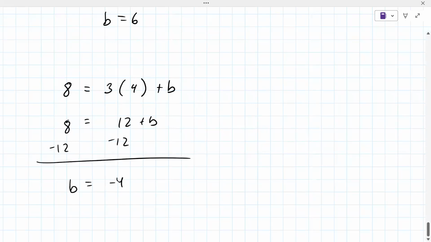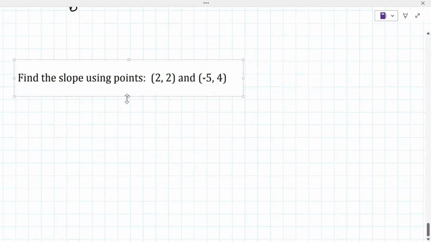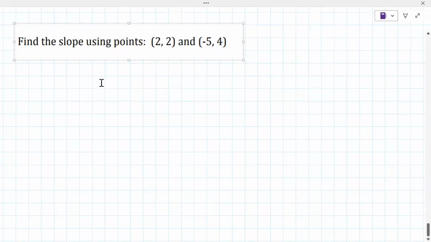Okay. So you might be wondering why we're doing all that. So let's do another slope problem here. So I want you to do the slope here. So disregard what we just were doing, but find the slope between those 2 points.